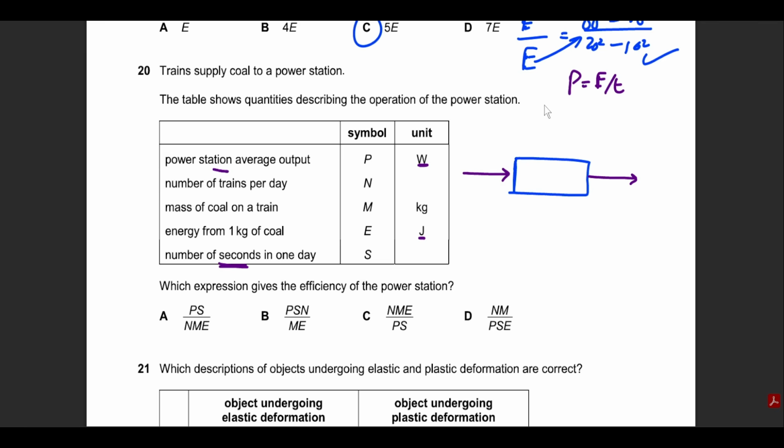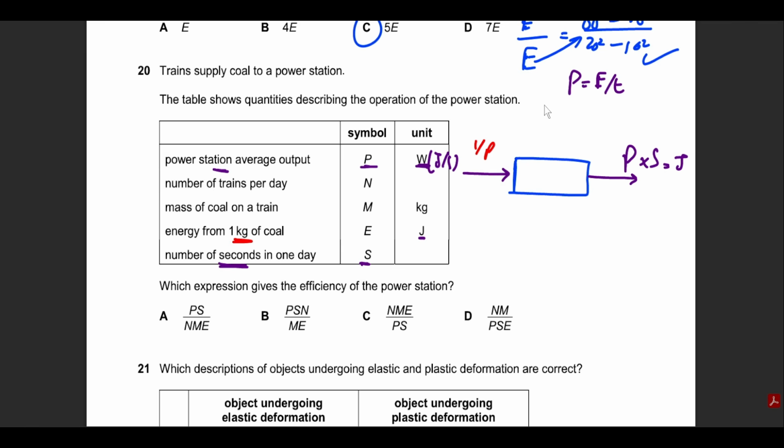So he says the average power output of the system is P watts, which is joules per second. So this is the power output of the system. And if I multiply time with it, this becomes energy. This is joules output. Now, what is the input of the system? The input of the system is determined by how much coal is being brought in.